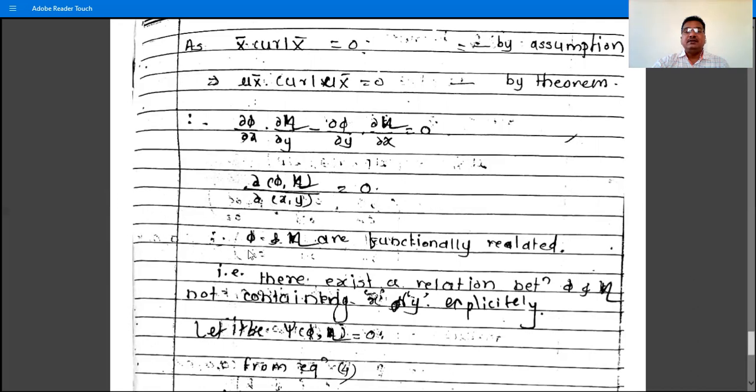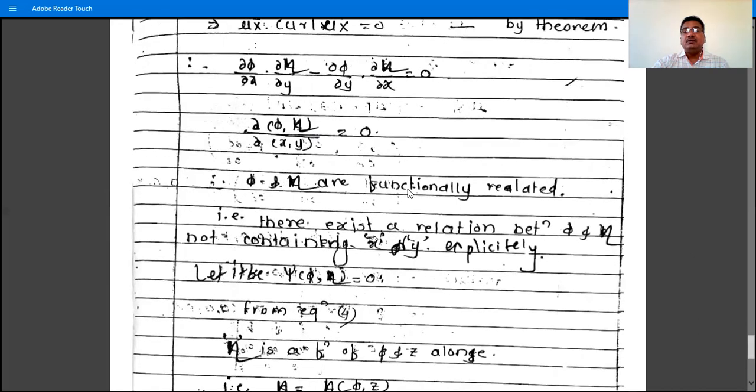This is equal to 0, and therefore φ and ν are functionally related, because their Jacobian is 0. That is, there exists a relation between φ and ν not containing x or y explicitly. So this is the theorem that if the Jacobian ∂(φ,ν)/∂(x,y) is 0, there is a relation between φ and ν not containing x or y explicitly.